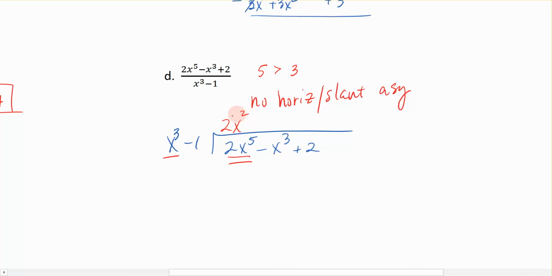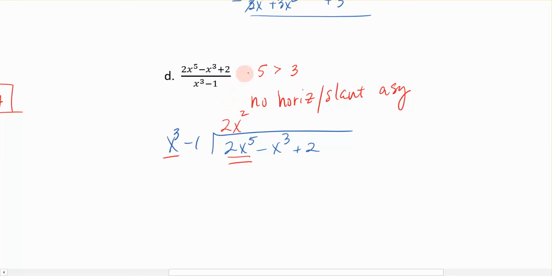Because if I come up with a function that has a squared term in it like this, remember that's a quadratic, right? That's a curve. And all of the asymptotes that I'm looking at are lines. They're either vertical lines, horizontal lines, or slanted lines. And in this case, this is not a line at all, it's a curve.